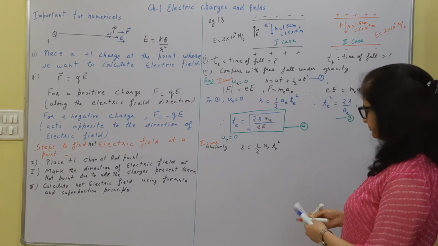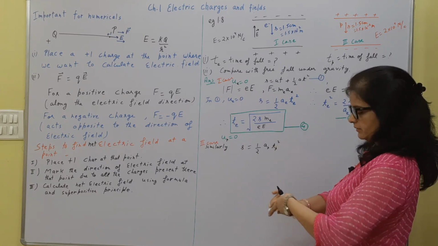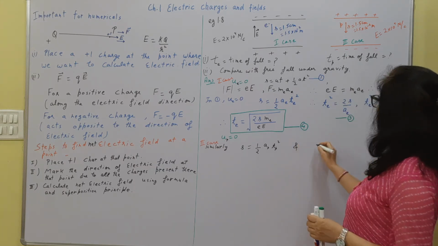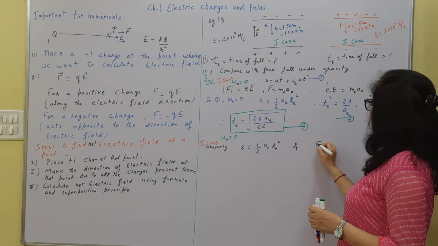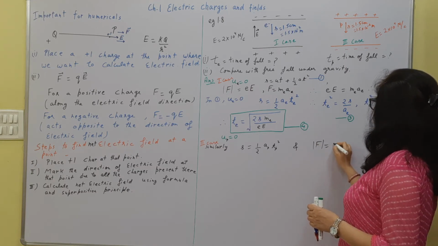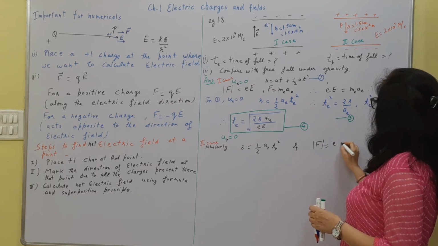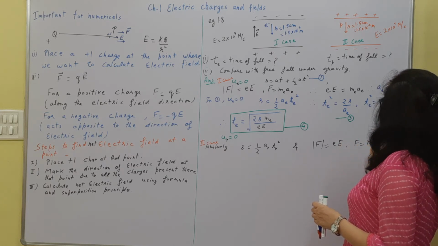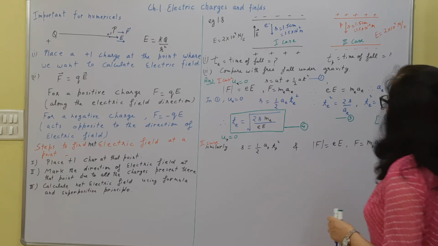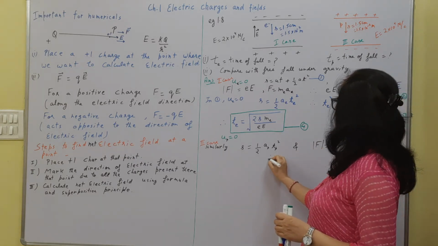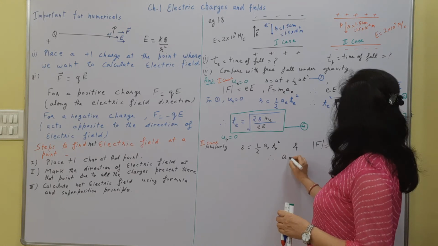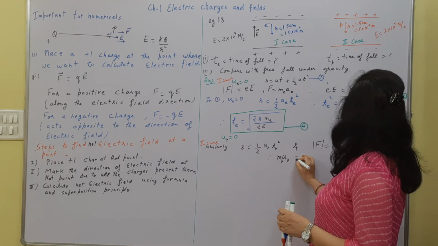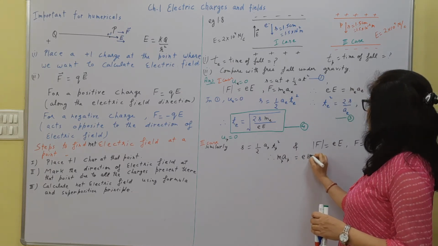So from here, we know that here also the magnitude of the force on proton will be the protonic charge, that is e, times E, and we also know that F is mass of proton into acceleration of proton. So therefore, the acceleration of proton into mass of proton can be equated with this.